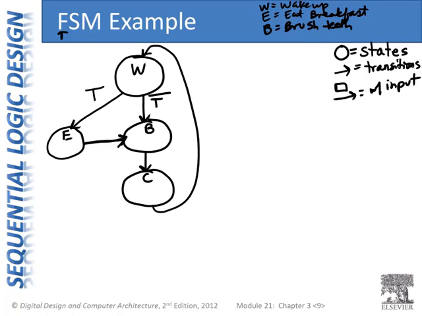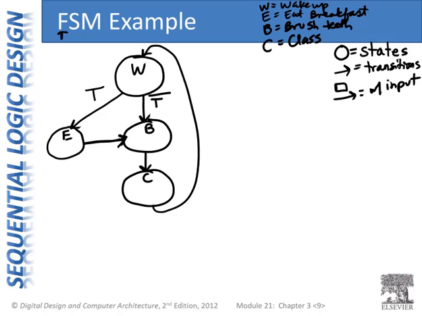So, all right, we have this finite state machine. This is our complete finite state machine with 4 states. We have the wake up state, the eat breakfast state, the brush teeth state, and the class state. And then we have transitions between states. In this case, we only have a single input, the input T, or time.